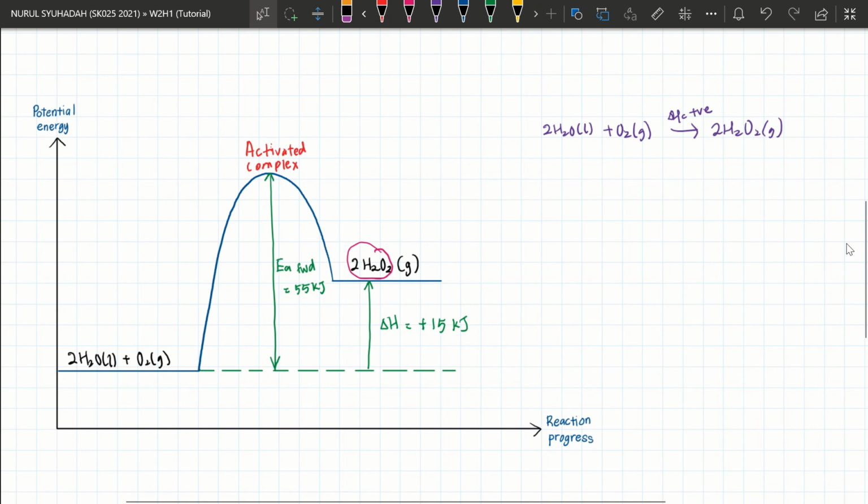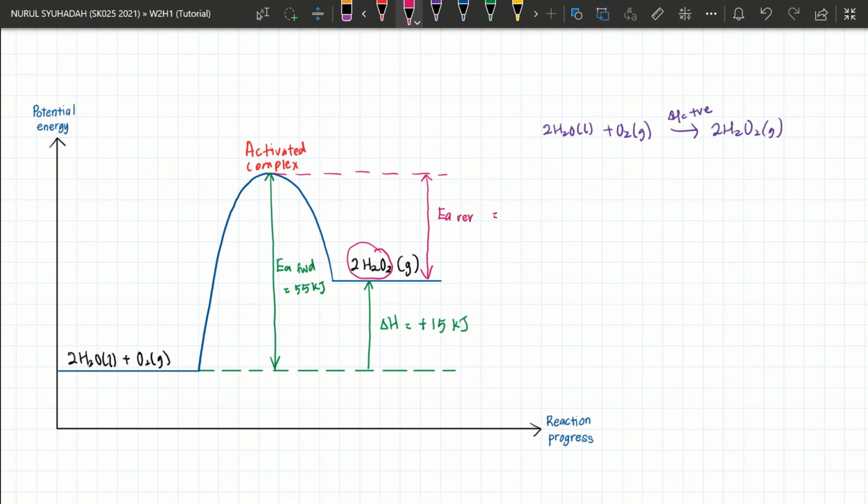To get the reverse activation energy, let's draw the arrow first. Draw the arrow from the reactant right now, H2O2, towards the activated complex, and label this as EA reverse.